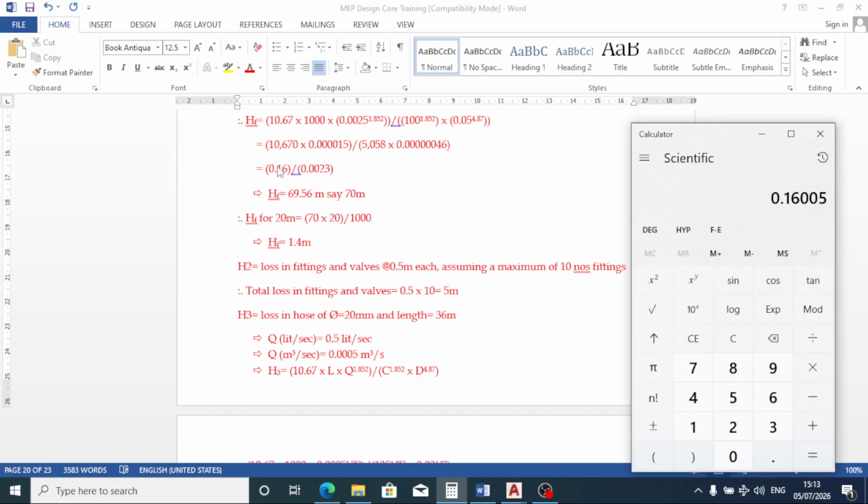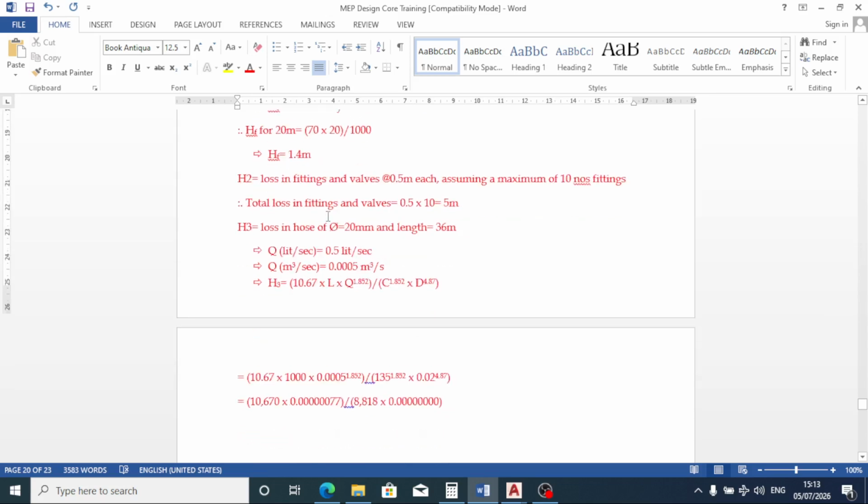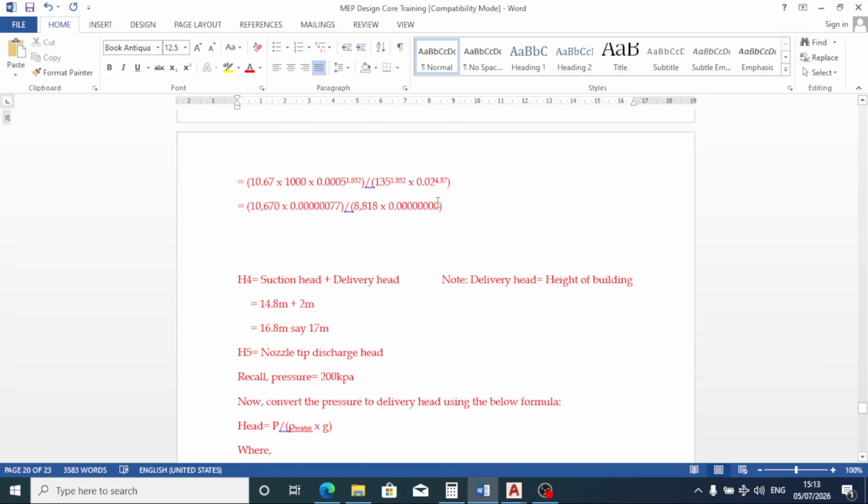So if we round it up, you will see we are having the same value. So I think everything is okay downwards, so let's just leave it at that. But it's good that we corrected this so that when you come to revisit this calculation page, you will not be confused. So moving on, now remember we are calculating the friction in our rubber hose.